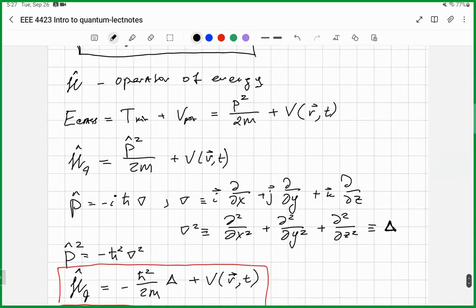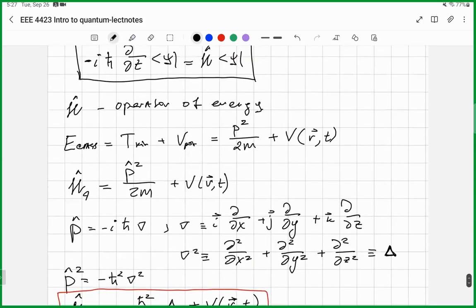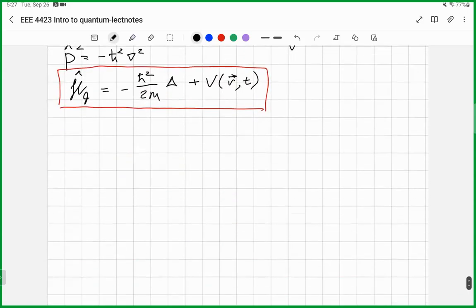And now we can plug this Hamiltonian into the Schrodinger equation. Okay, and what are we going to get? We're going to get i h bar d over dt of the state psi. And on the right side is going to be h times psi, right?